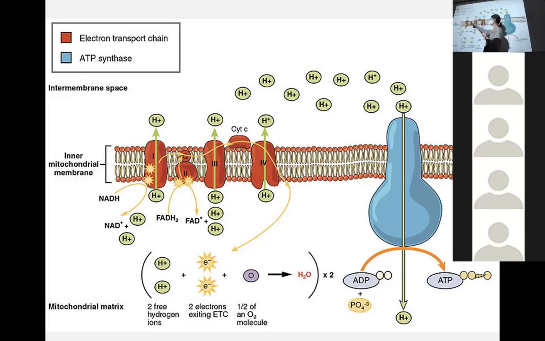The electrons are flowing through this electron transport chain. And these little bursts here are just illustrating that energy is released. I kind of like that part of the diagram. So you have energy being released when these electrons are passed along this chain. That energy is being used to shuttle hydrogen ions out into the space between the inner and the outer membrane of the mitochondria.